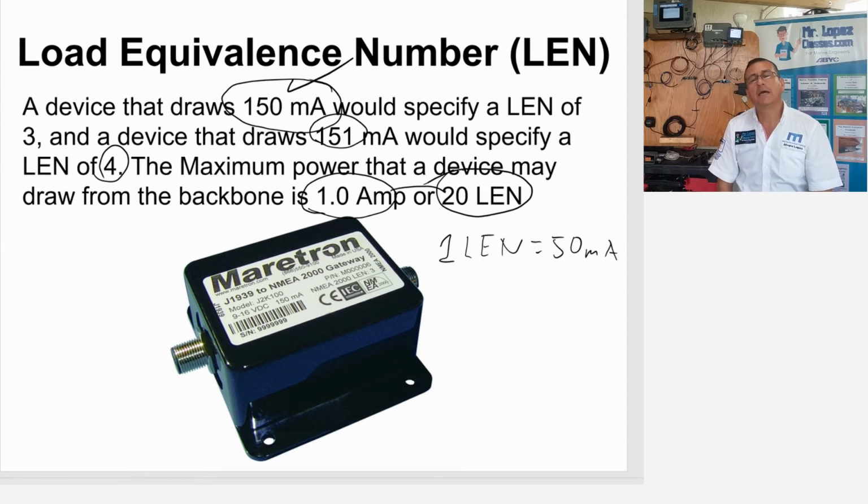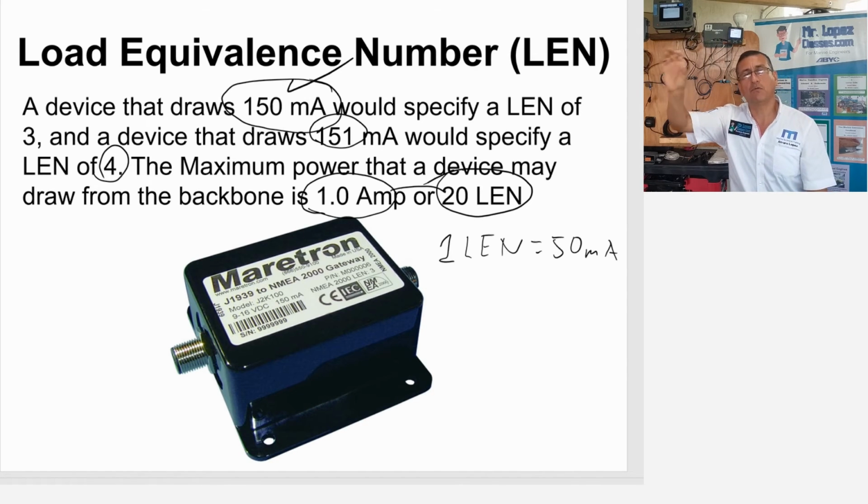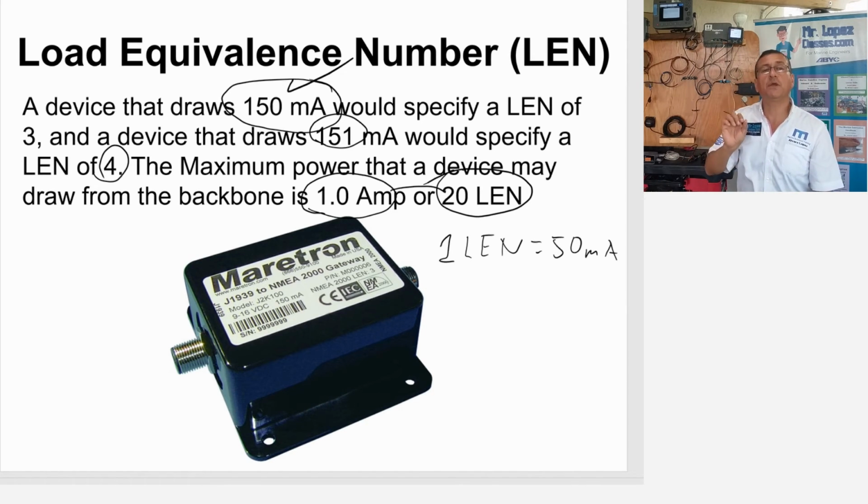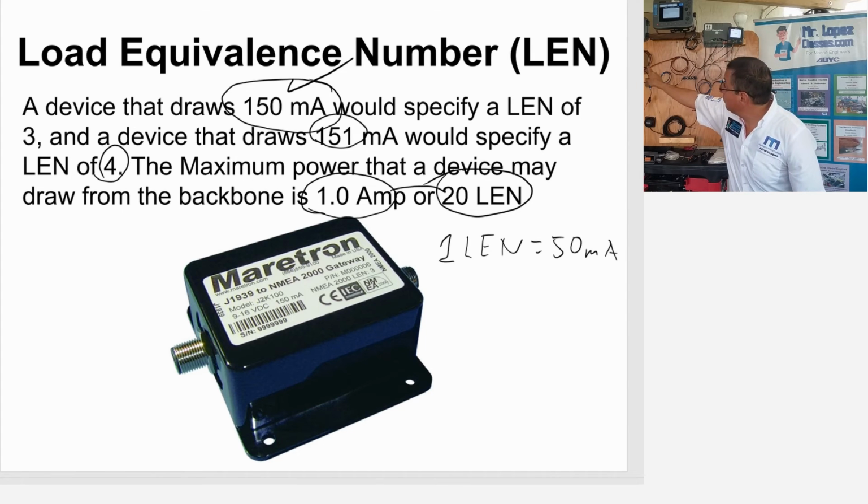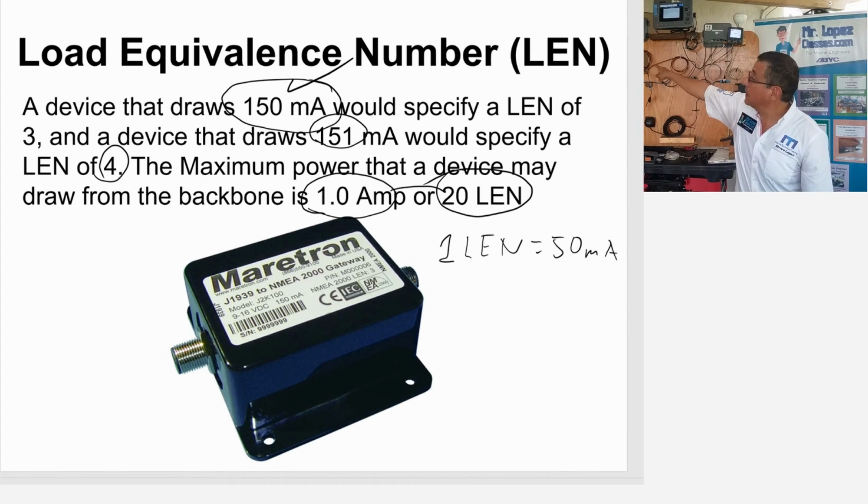If the equipment is 20 LEN or less, it can be connected directly to the backbone. If the equipment is more than 20 LEN, the power should be connected directly to the panel with one breaker dedicated to that equipment. For example, a VHF radio, with a breaker labeled VHF radio, and the power directly from the panel.